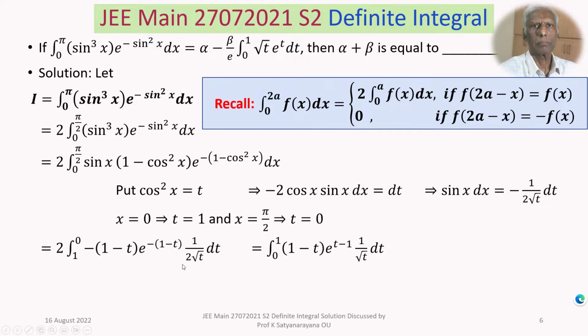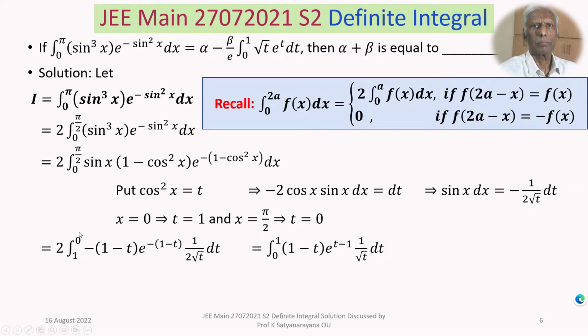Minus 1 by 2 root t dt into this is 1 minus t and e power 1 minus t. And now this minus is taken care of, and we have taken out the minus and reversed the limits of integration.